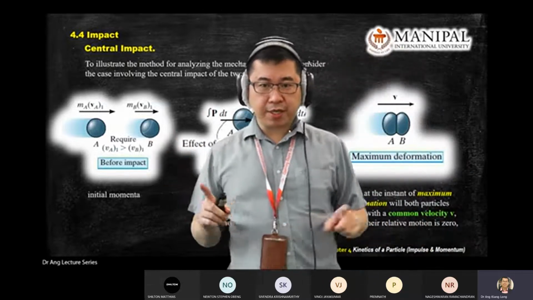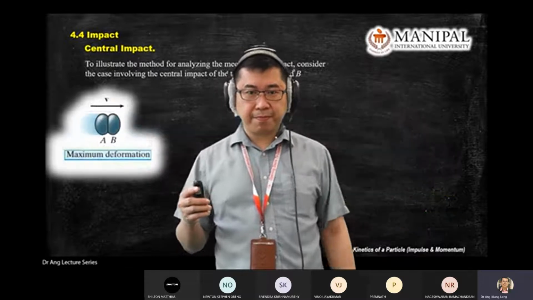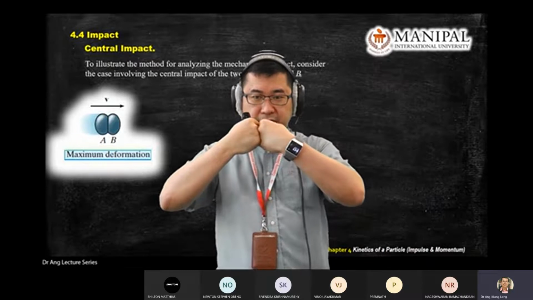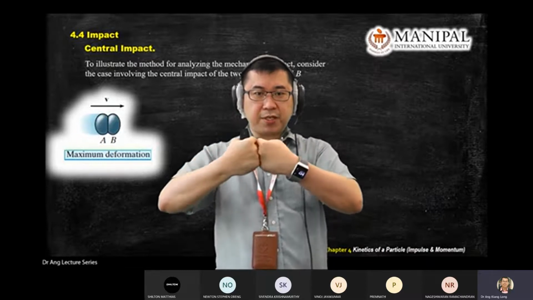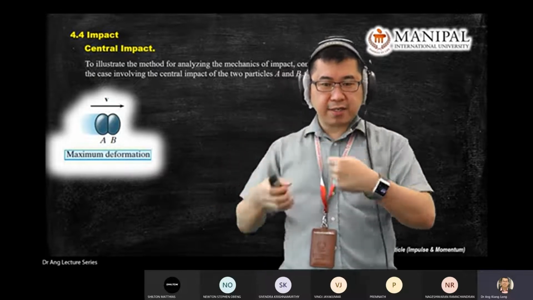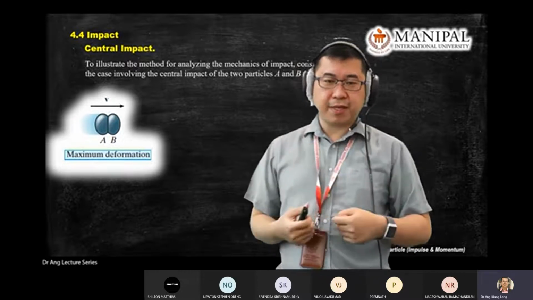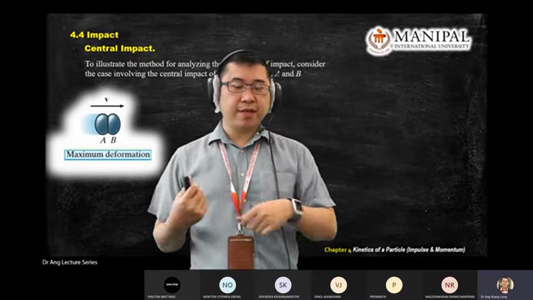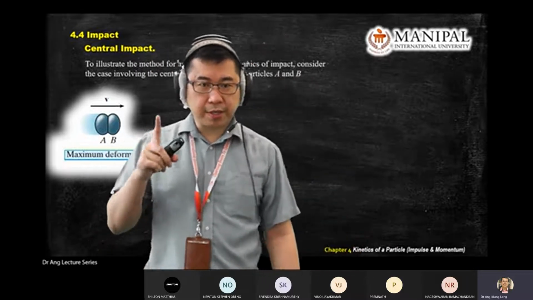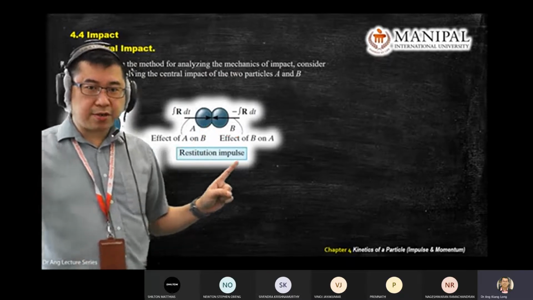At maximum deformation, they move at the same speed, either left or right. It depends on which carries the highest momentum. So the highest momentum will win, and you decide the direction. This you can calculate with the conservation of momentum. Then after that, you will experience restitution.